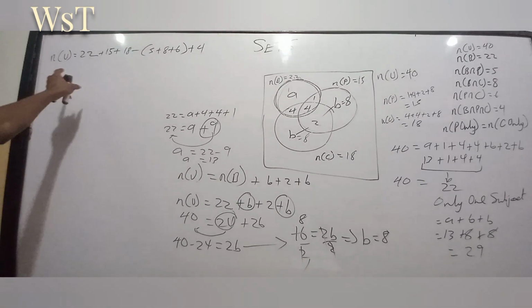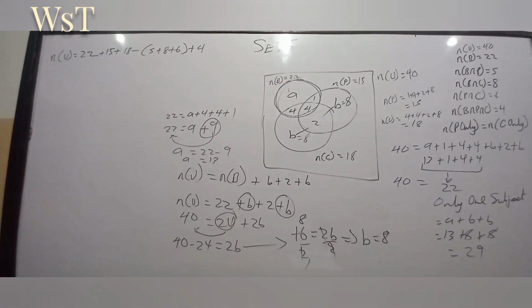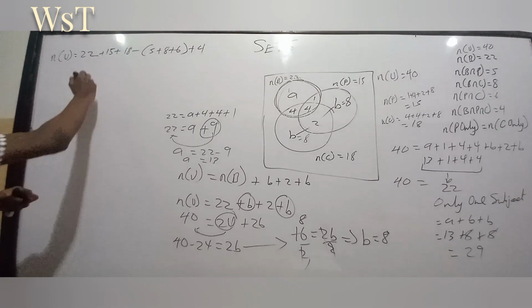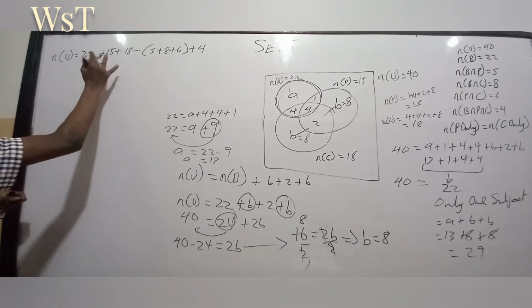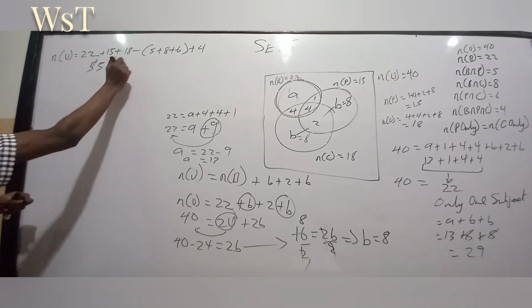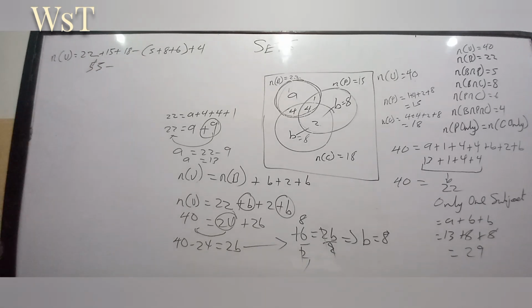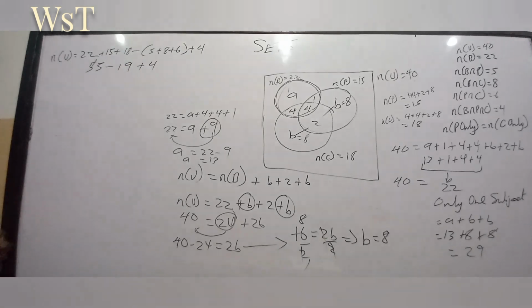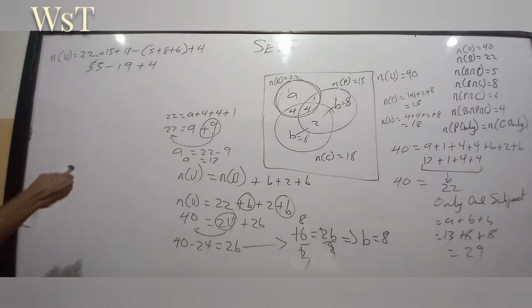Calculator. 22 plus 15 plus 18 is 55, right? So 55. Then 55 minus (5 plus 8 plus 6), which is 19, plus 4. 55 minus 19 plus 4 is 40.